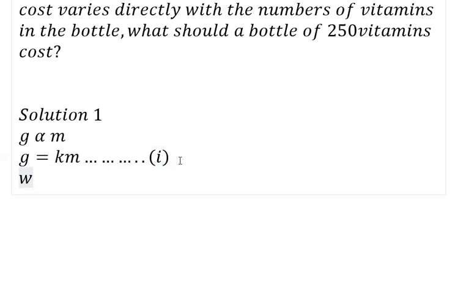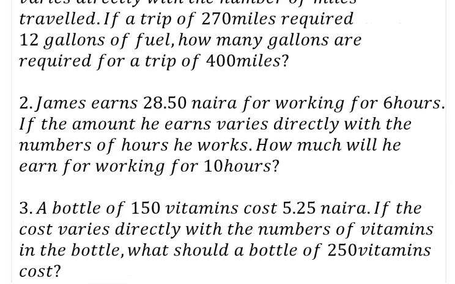According to the question, when we need 12 gallons, that's when G, that's the 12 gallons the question is talking about. If a trip of 270 miles requires 12 gallons, so the mile is 270.